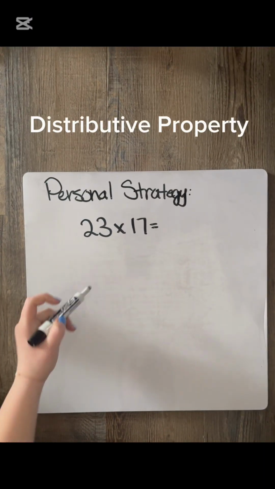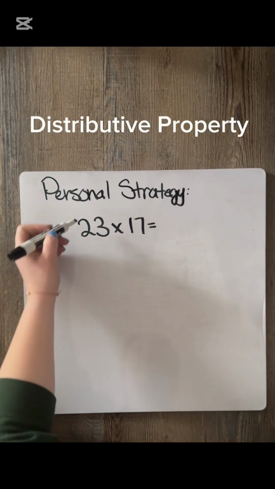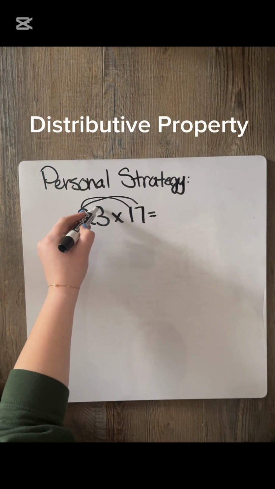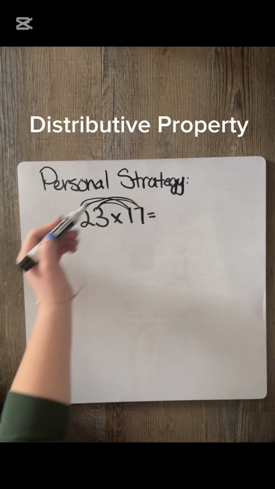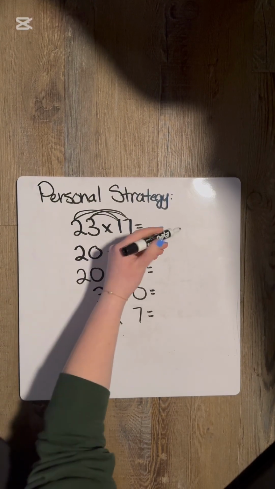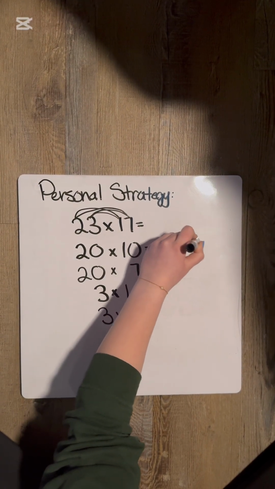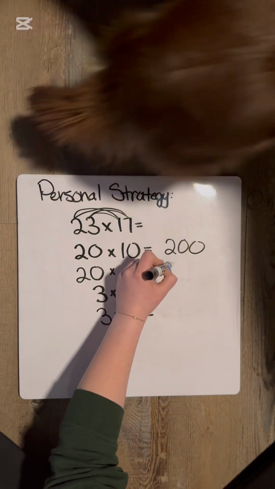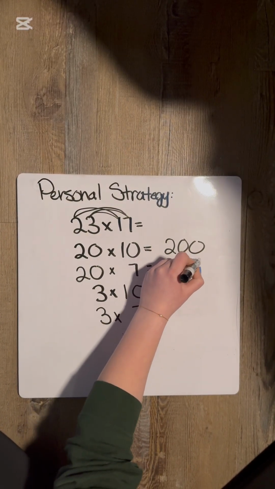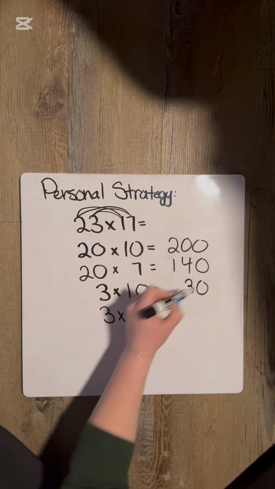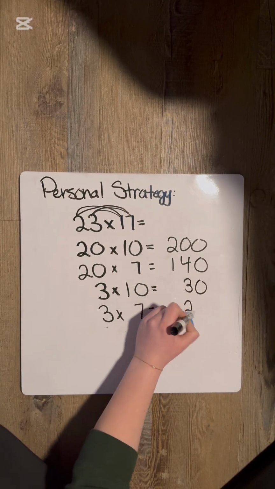For my personal strategy, I'm going to expand this number. I can multiply by my 20 by 10 and 7, and my 3 by 10 and 7 as well. So I'll end up with 20 times 10, which is 200. 20 times 7, which is 140. 3 times 10, which is 30, and 3 times 7, which is 21.